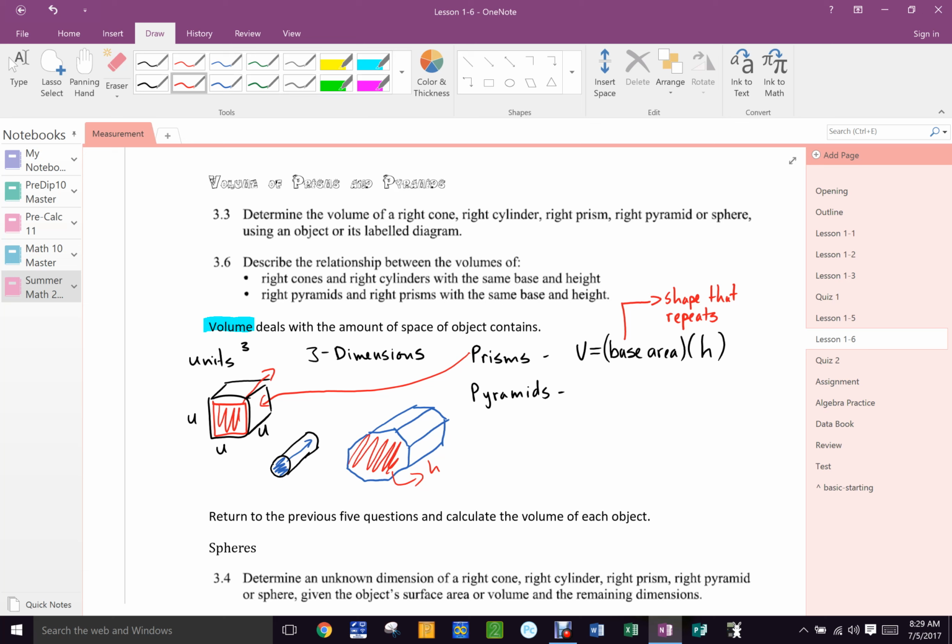Right? So through experimentation, mathematicians back in the day found out that all pyramids, their volume, and I'm going to use blue for that, not red, their volume is the same as a prism. It's still base area. It's still base area times height. Is that slant height or height?